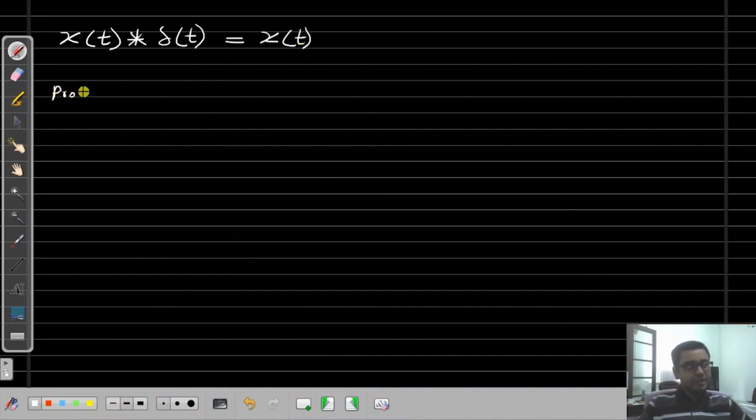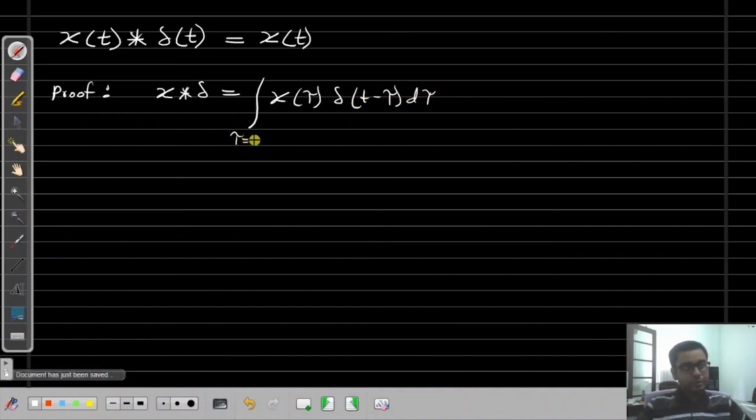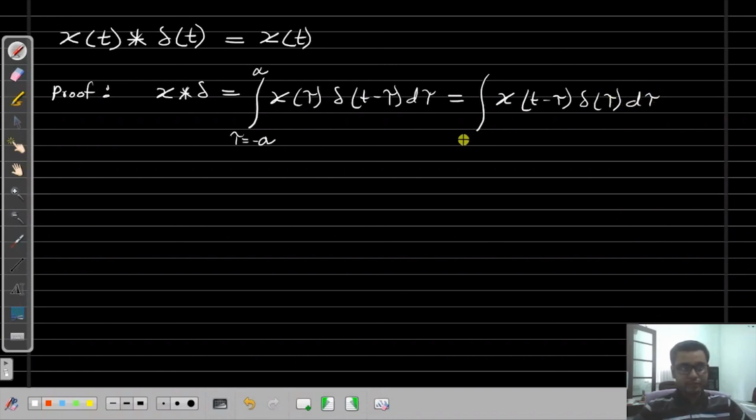Proof is very simple. x star δ is the same as the integral of x(τ)δ(t − τ) dτ, τ running from minus infinity to infinity, and this you can also write as x(t − τ)δ(τ) by virtue of the commutative property of convolution.